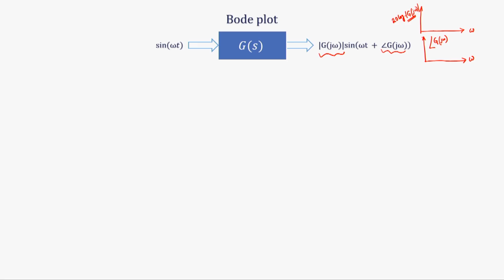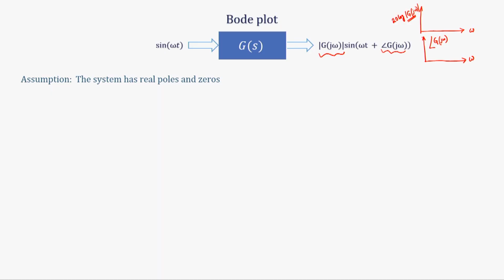Today we are going to learn how to draw these plots approximately. We do not need an exact Bode plot, we just need an approximate Bode plot to see how the system behaves.